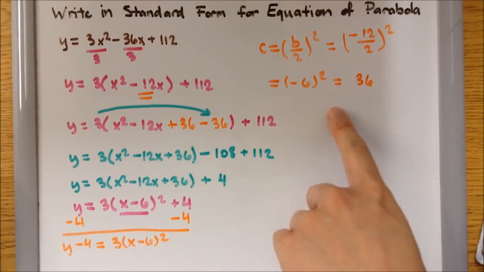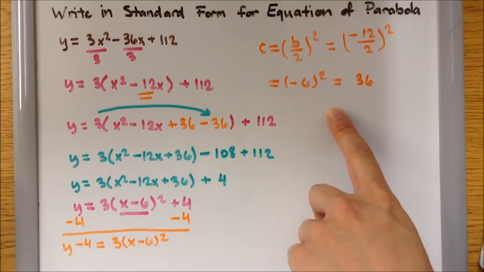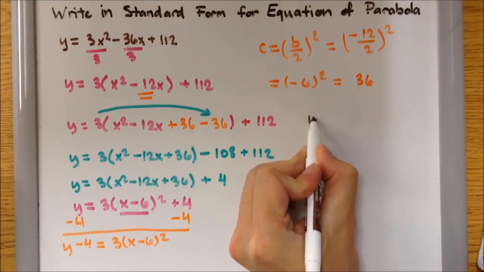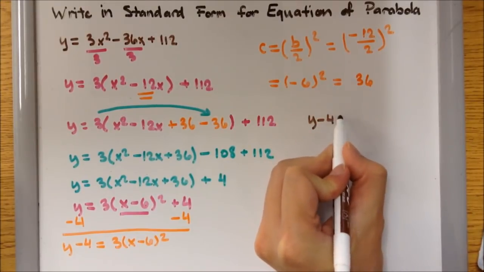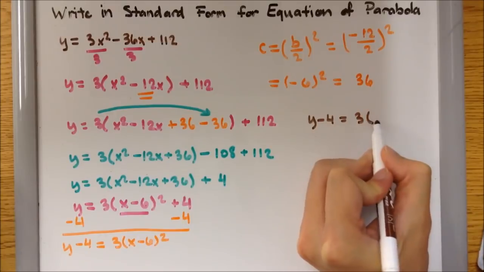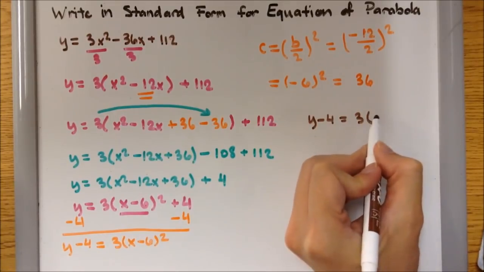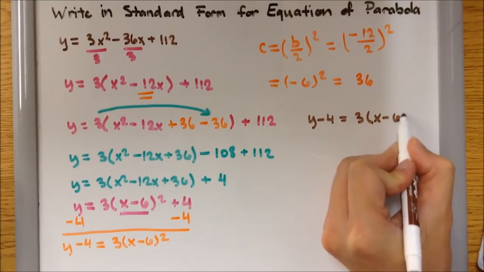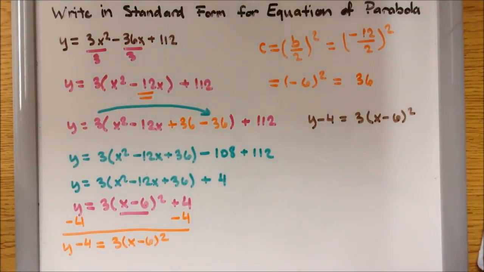So I'm going to write up here for more space, y minus 4 equal 3 times the square of x minus 6.